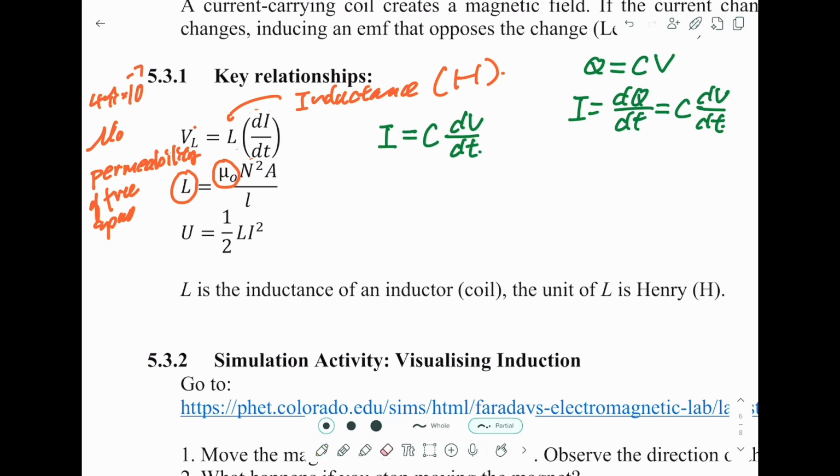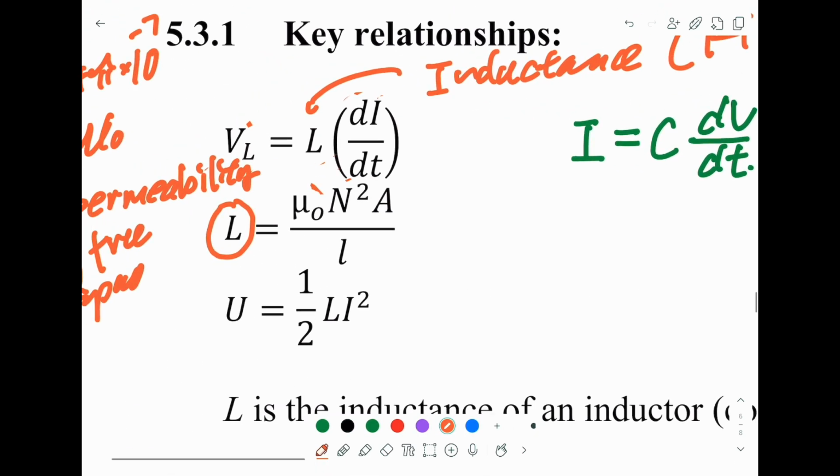It is also proportional to N squared, the number of turns, and the area of the coil, and this is the length of the coil.